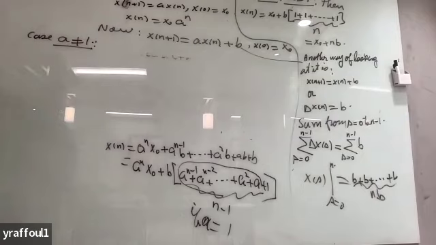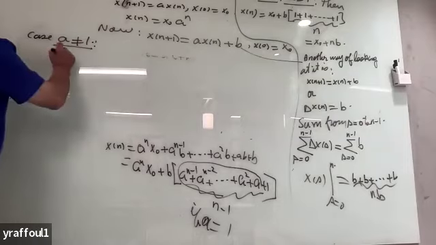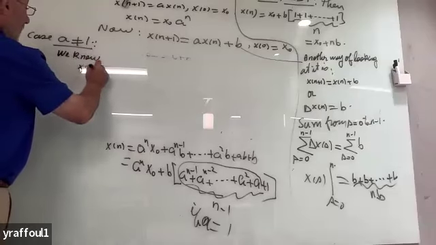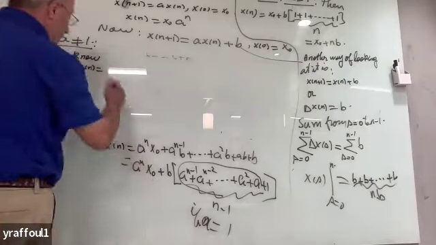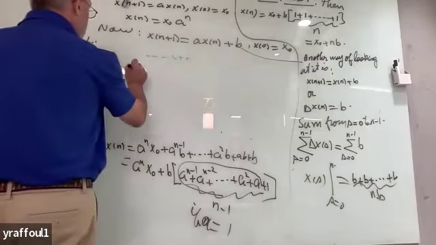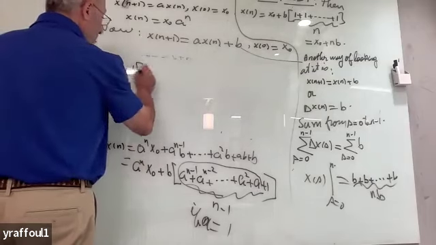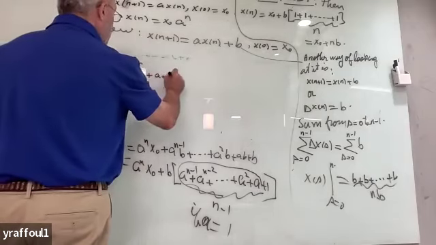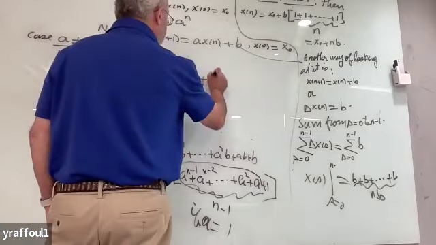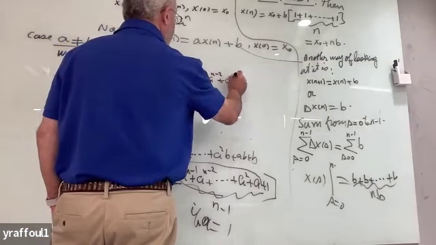Well, so what do we know? We know that x_n is a^n x naught plus b times (1 plus a squared plus ... plus a^{n-2} plus a^{n-1}).